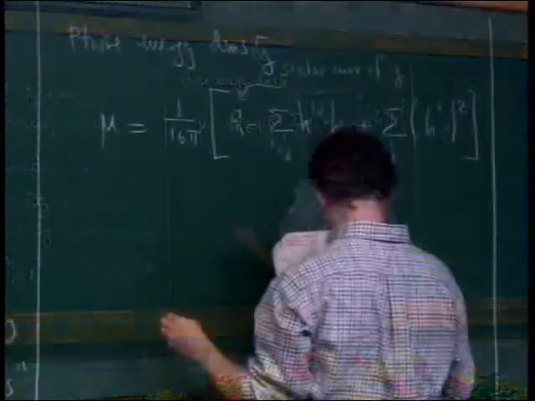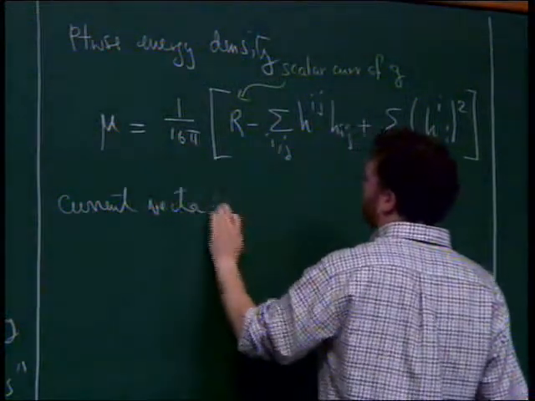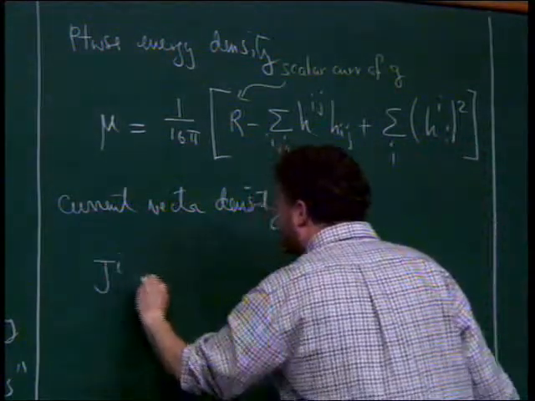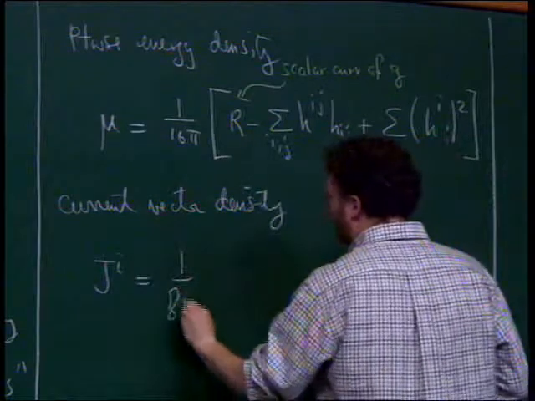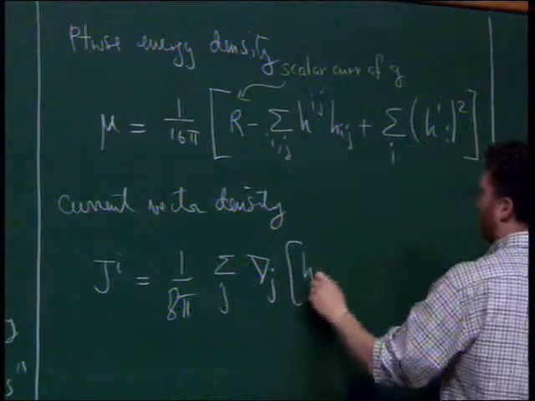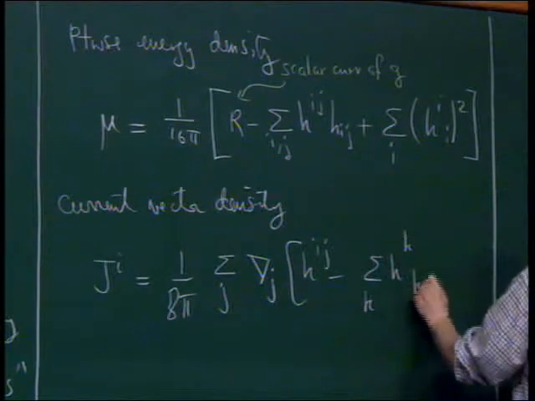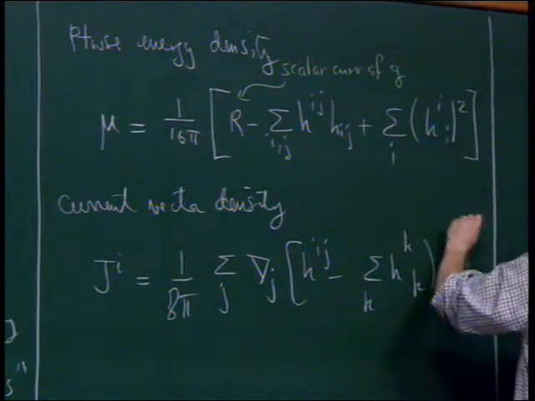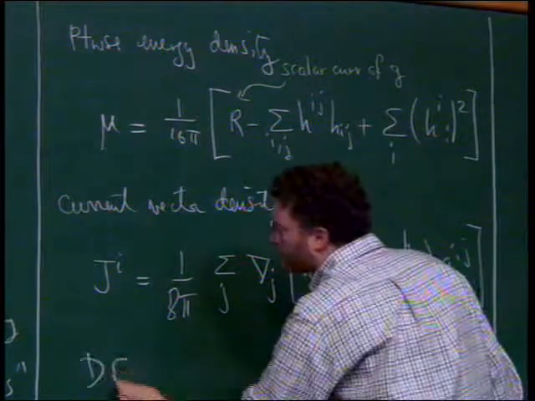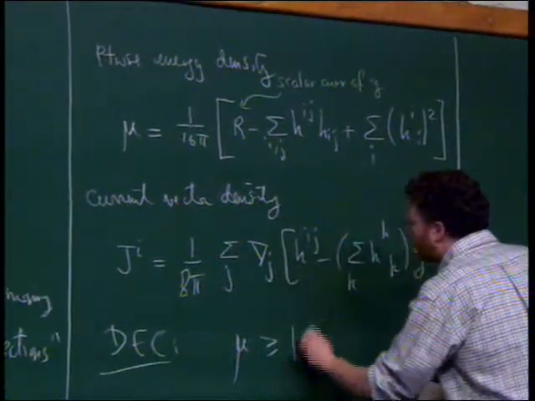Then you call the current vector density J_i equals 1 over 8 pi times the sum over j of nabla_j h_ij minus the sum over k of h_kk g_ij. Then the dominant energy condition is just the inequality mu greater or equal than the absolute value of J.